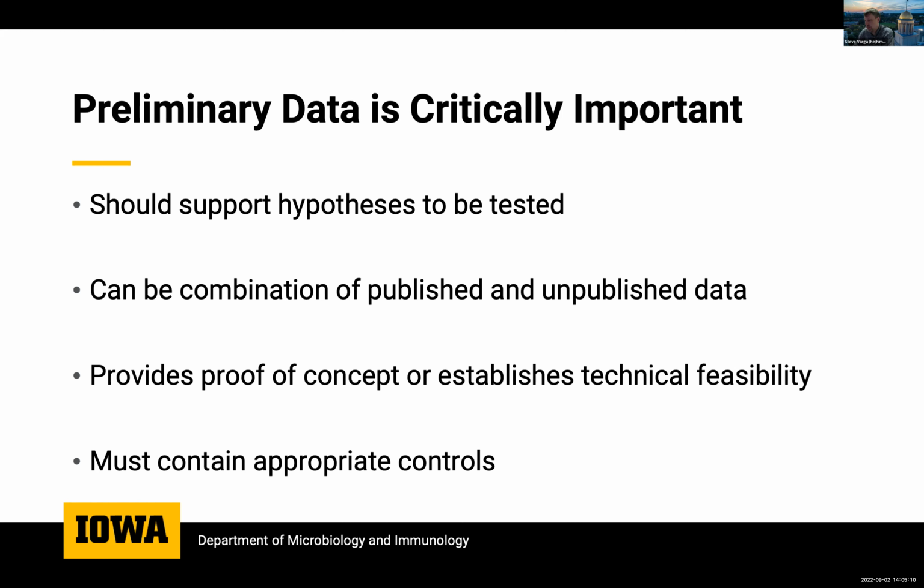And you also want to make sure whenever you're showing preliminary data that they have the appropriate controls. Don't cut those out of your preliminary experiments just to keep the graph size small or anything, because if it's missing the critical negative and positive controls, people will pick on that too. So just be careful about that.